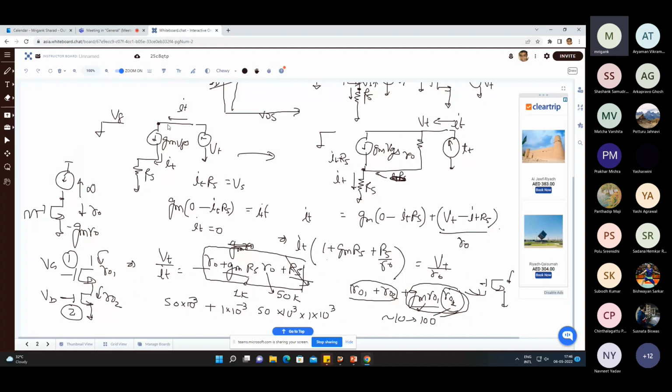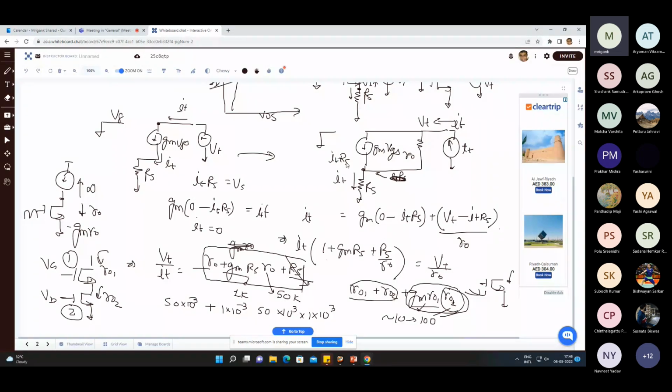So you are getting almost an ITRS as VGS, and therefore the GM VGS leads to a small signal current corresponding to this ITRS, and approximately it is going to get multiplied by the RO.